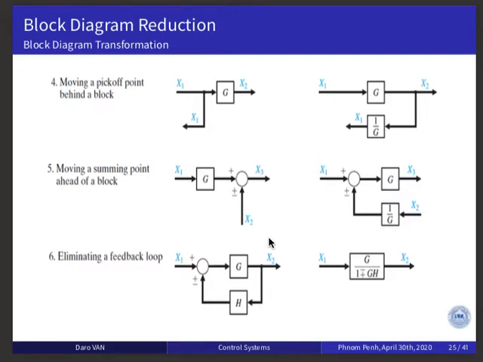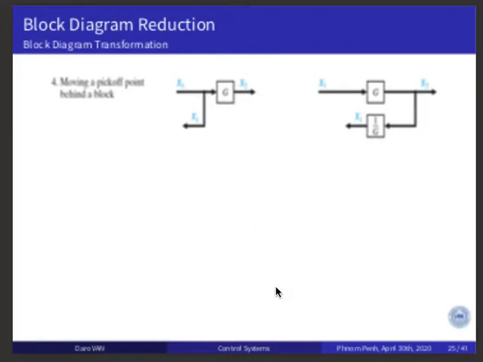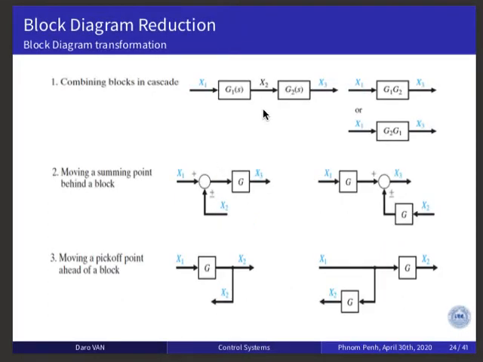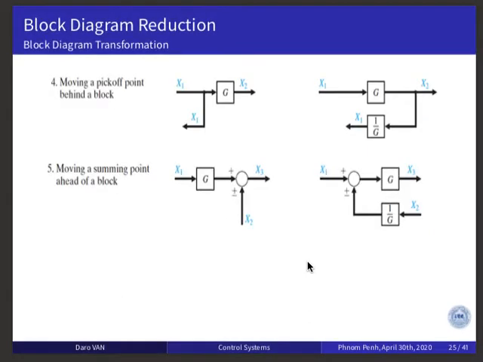This you have already studied in the previous part of these lectures, and you derived the equation for the feedback loop already. So the first one that you need to check is cascade, a very simple one. And then you can check all of these rules if you want to do the simplification.